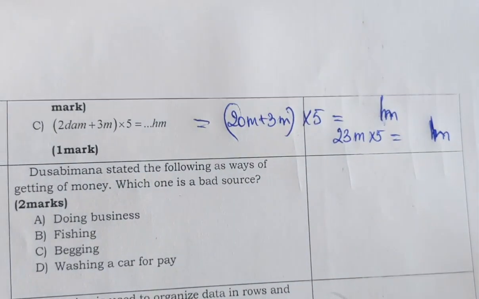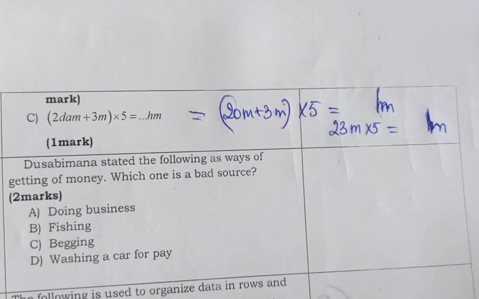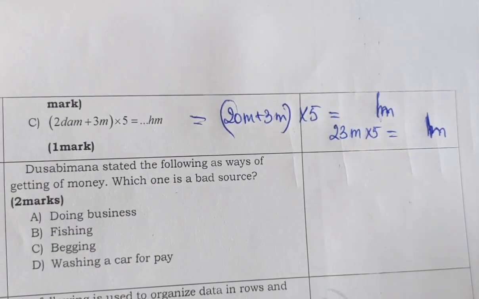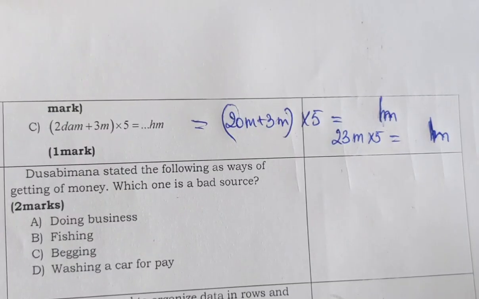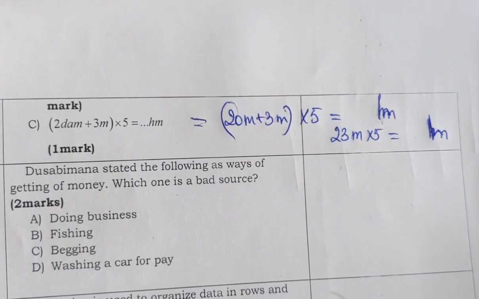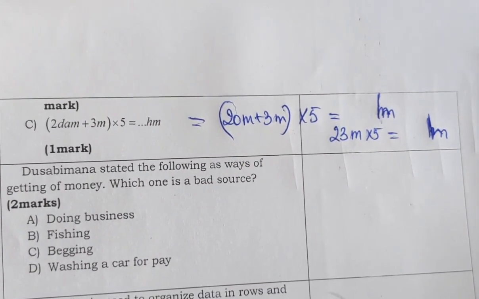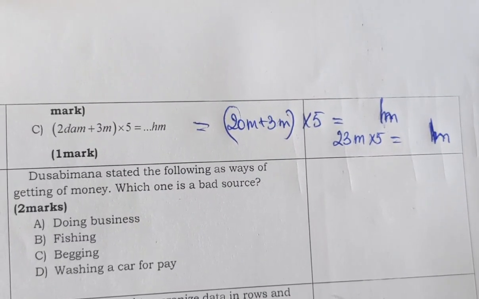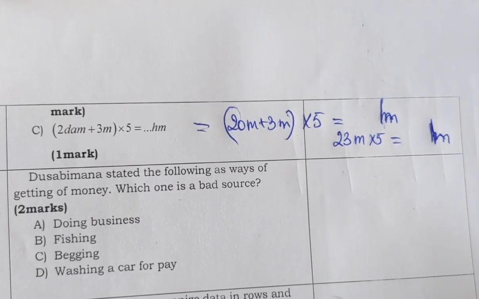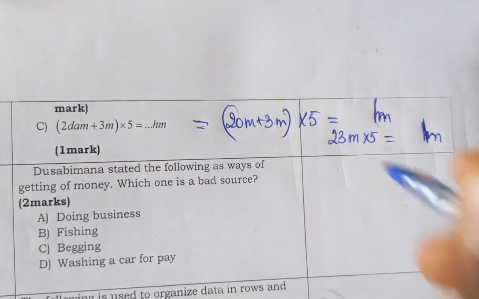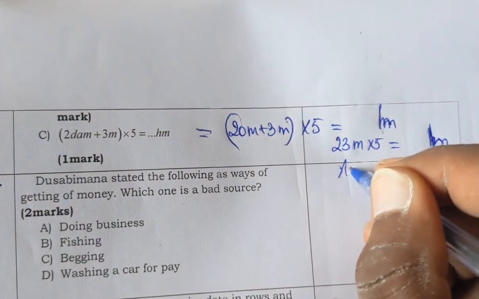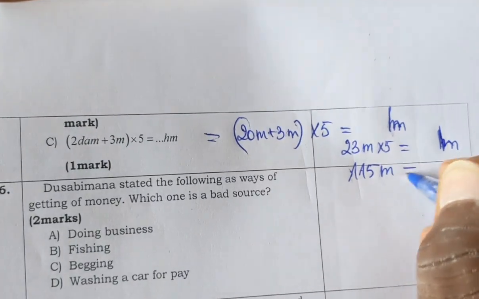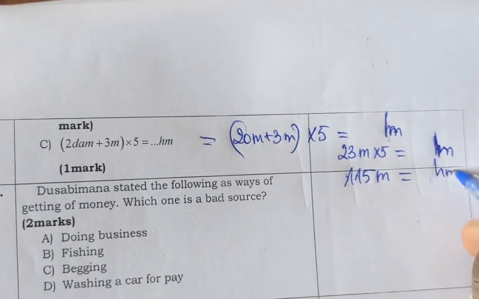Then once I multiply, it will become 23 times 5. Here 5 times 3 will become 15, write 5 and carry 1. Then 5 times 2 will become 10. Then plus 1 will become 11. To mean here I have 115 meters. How many hectometers are there?